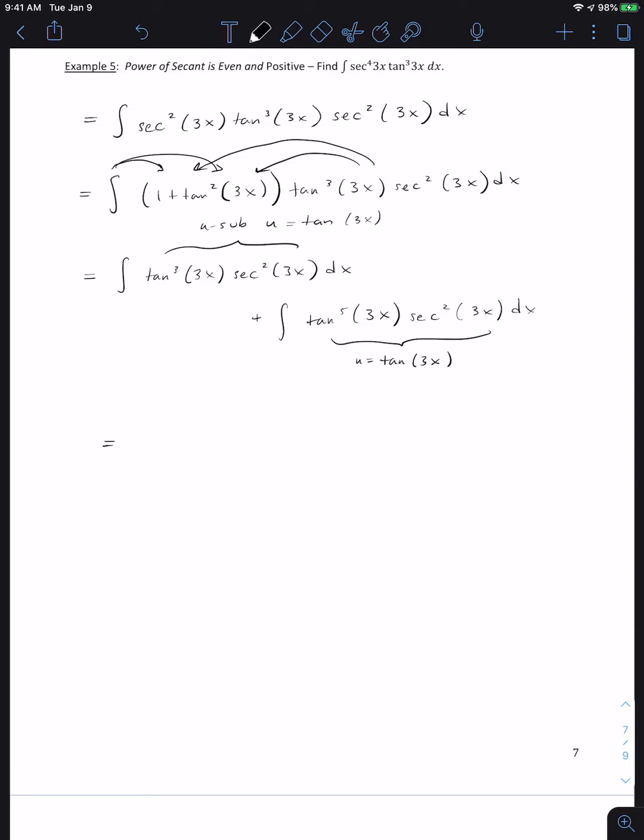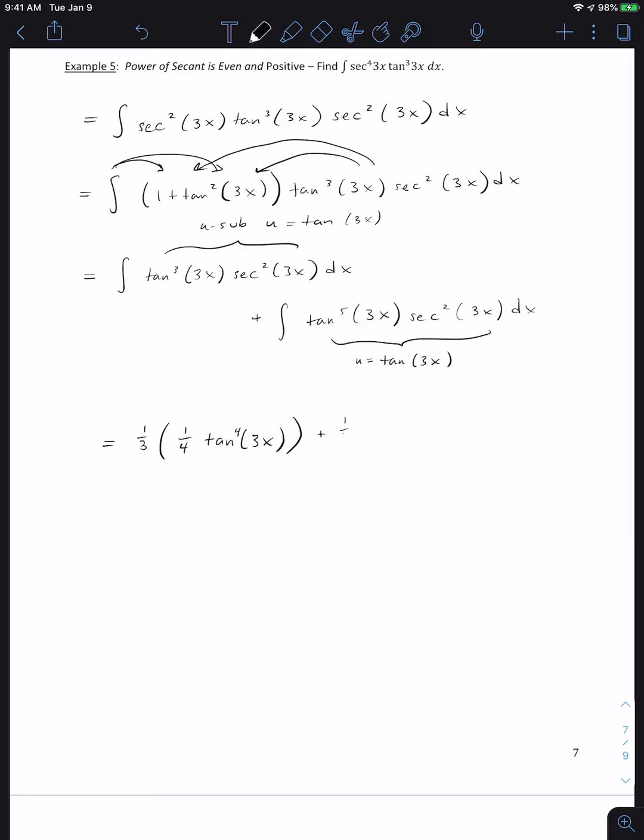Right? So I see it's my tangent function cubed. So first I need the 1/3 because of what I was just talking about, because there's a 3x there. And then it's u cubed, so now I need to bump it up, so it'd be 1/4 u to the 4th, but here it's tangent of 3x to the 4th. Right? And then here, what do we get?